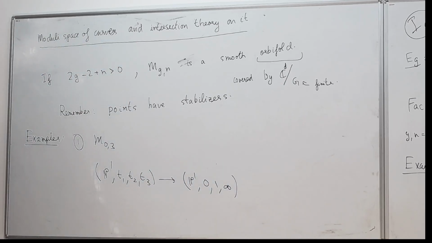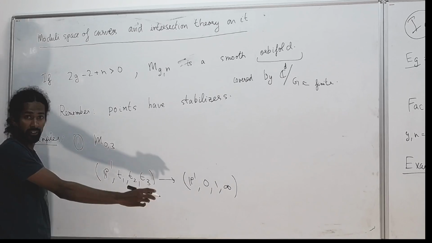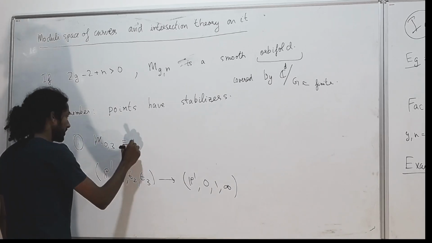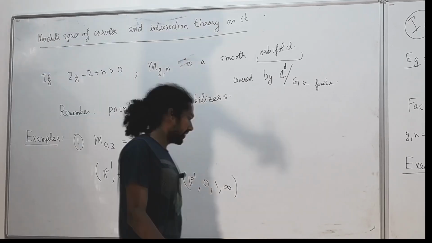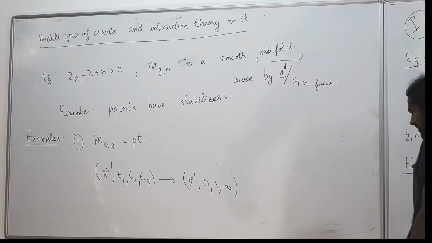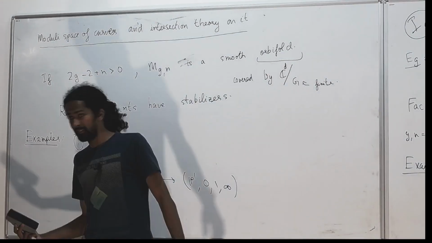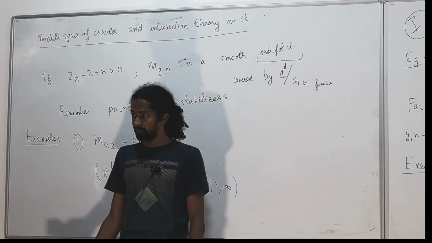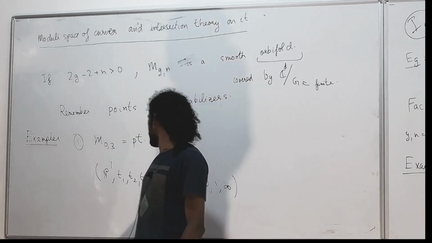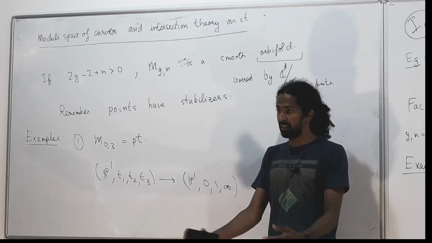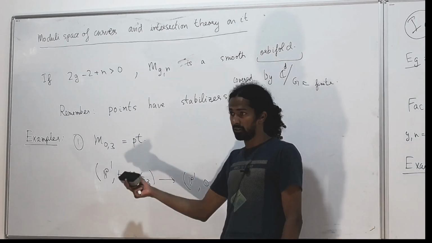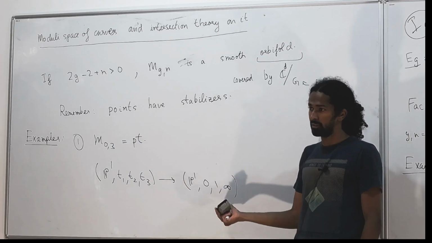That's it. You're done. That's the only point that you have. Okay, great. That's not such a bad moduli space. You've used up all of your automorphisms to move it to a point. So if I give you any genus 0 curve with 3 points, you can always use the automorphisms to put it to this one.